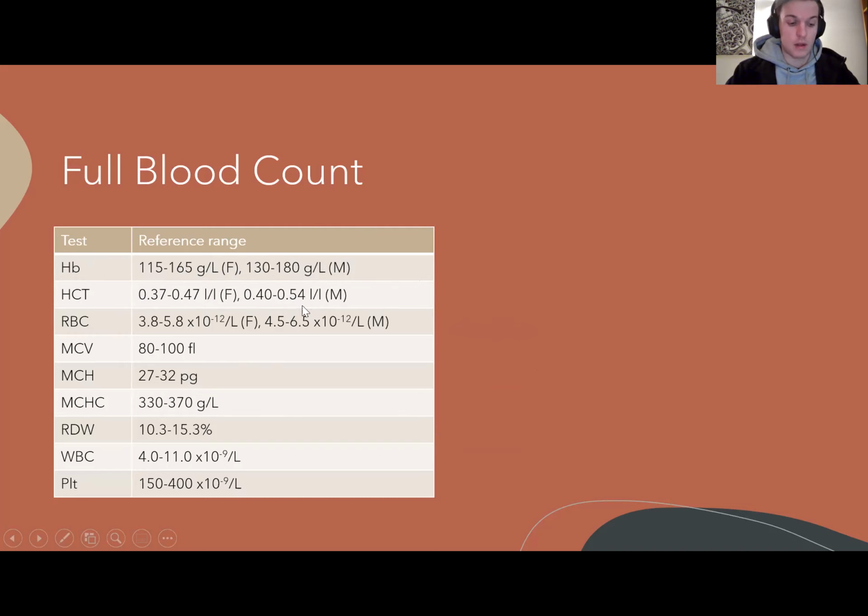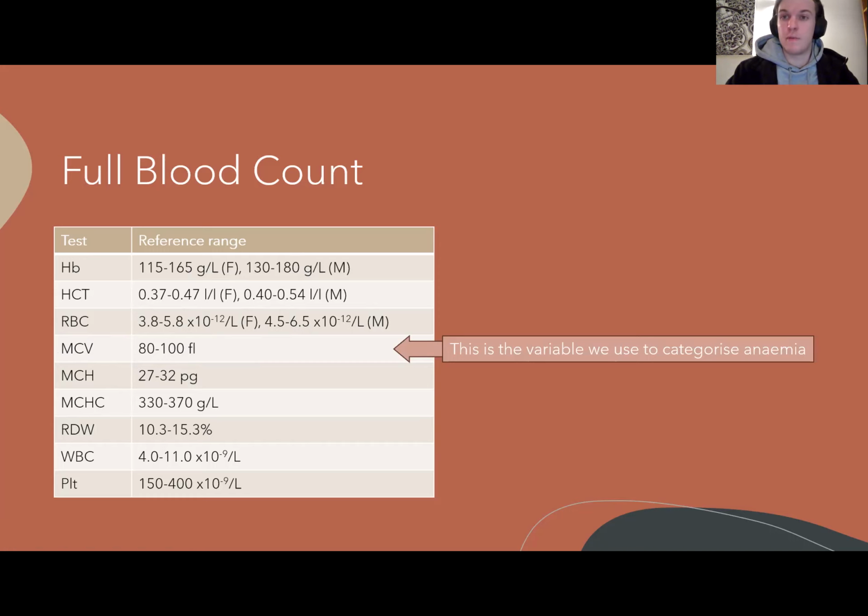We've got the red cell count, which is just a raw number of red cells counted in a sample of blood. You've got the mean corpuscular volume, and this is the way that we categorize anemia because it's down to the size of the cells.